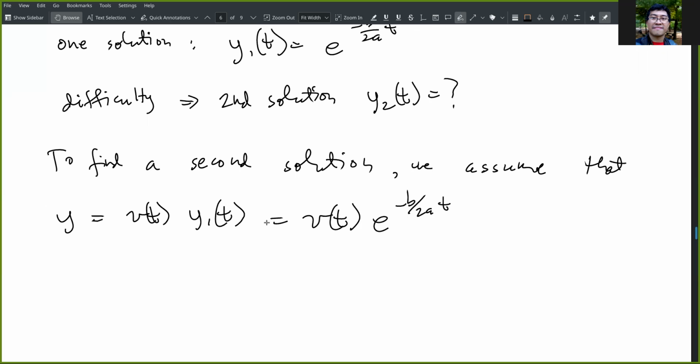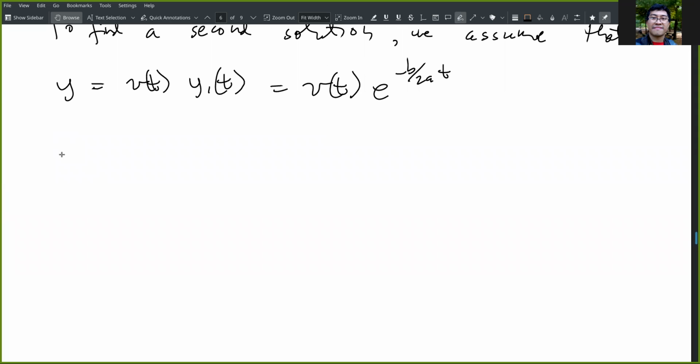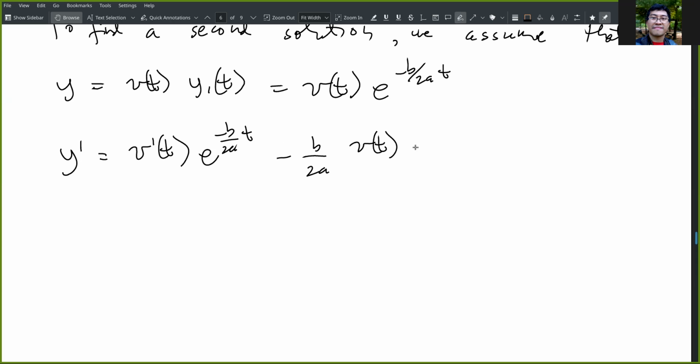Okay, so if you have that y, y prime is v prime t e to the minus b over 2a t minus b over 2a v(t) e to the minus b over 2a t.